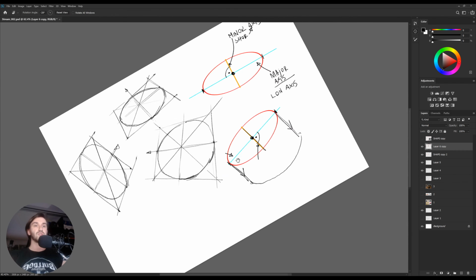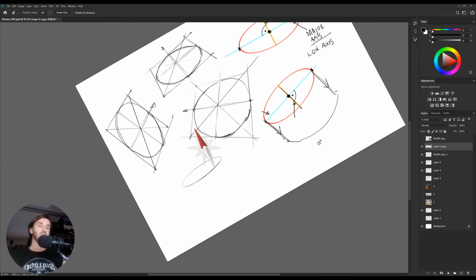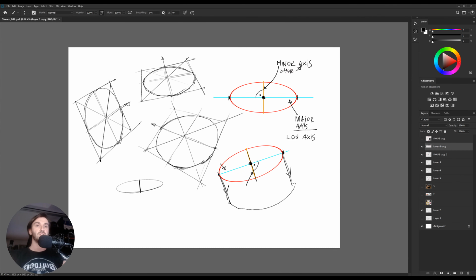If you were to draw something, let's say like this, so this will be the short axis, and then you will do something like this, it will mean the thing that you have drawn from the side is a cylinder that is kind of cut in half. So this thing is not really a circle, this is an ellipse, because the cross section of a cylinder to be a circle will look a little bit more like this.